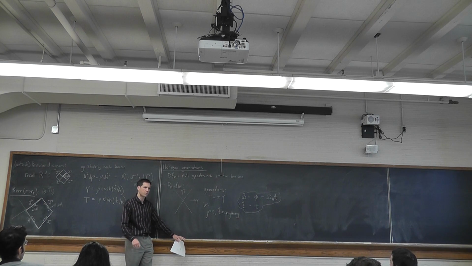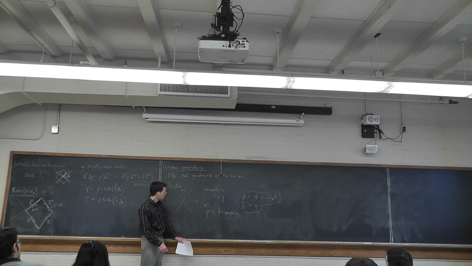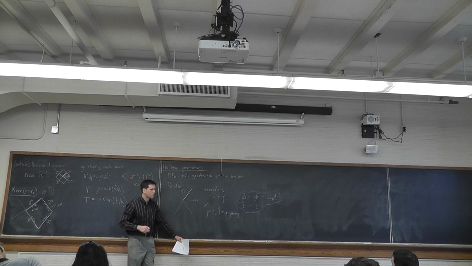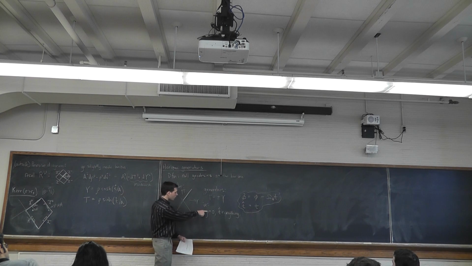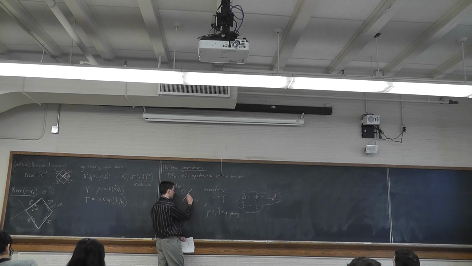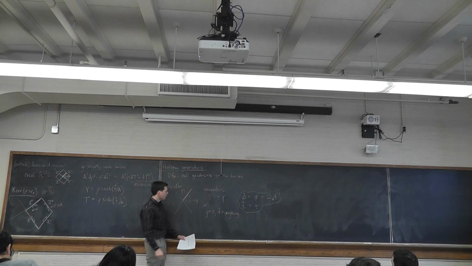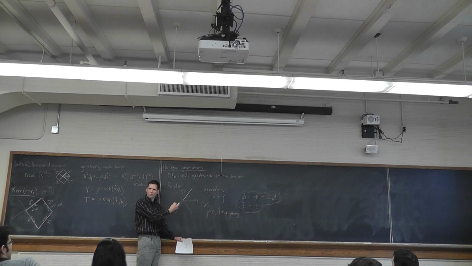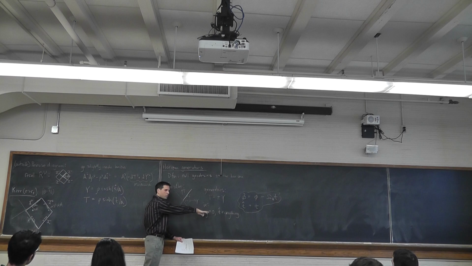This is a common thing to do, which is that we're trying to talk about the horizon. And in these rho, t hat coordinates, remember rho was going this way, t hat was going that way, the rho, t hat coordinates do not include the horizon. So rho equals 0 is a bad coordinate singularity. We're not supposed to talk about it. But here I am talking about the horizon in rho, t hat coordinates.